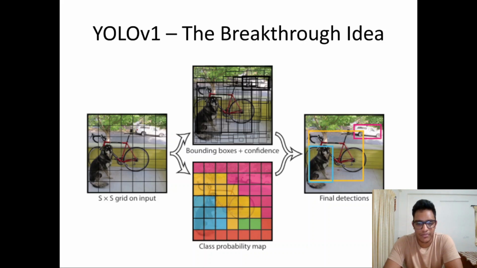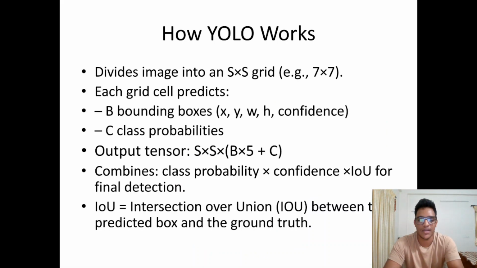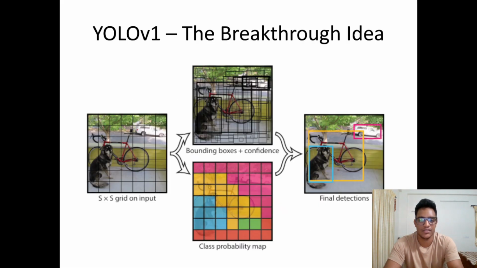Then we use this class probability map, the bounding boxes, and the confidence to make our final detection. That is the product of class probability, confidence, and the intersection over union.